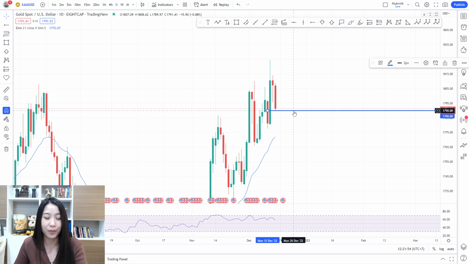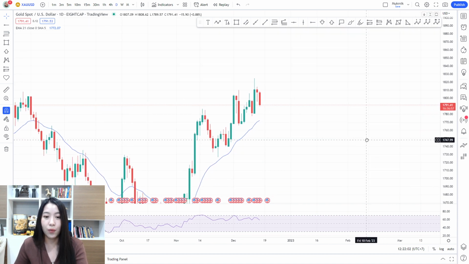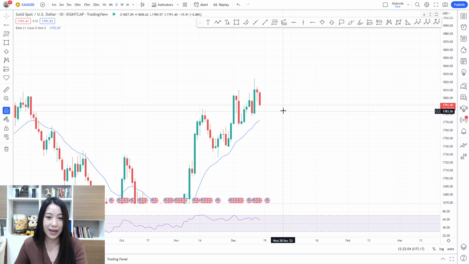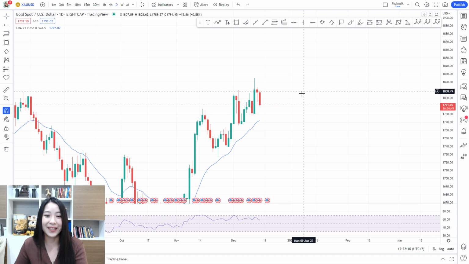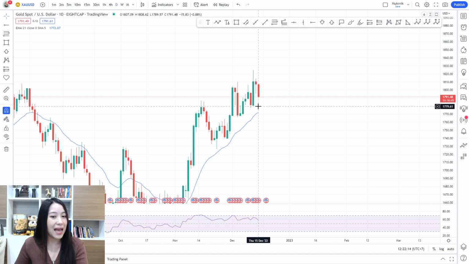It might not be clear in the daily time frame, so let me drop down to another one. But what we have from the daily time frame is that yesterday's candlestick closed as a bearish one, so no surprise, as I told you. Today the price could continue to drop back down. However, we have our significant level at 1790.